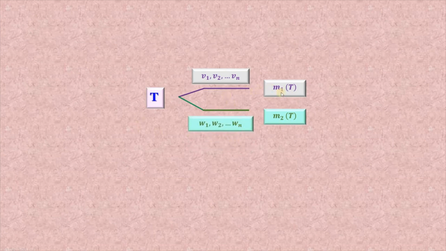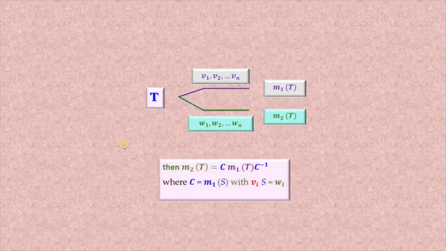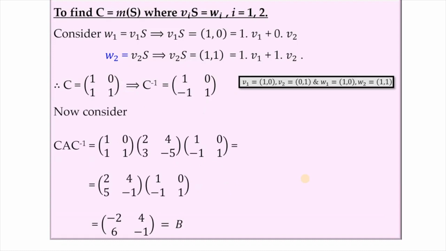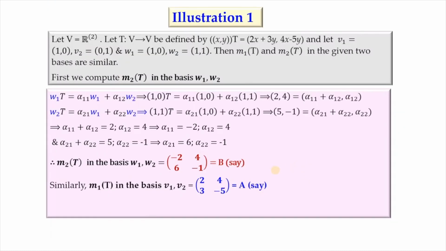The relation between these two is M2 of T is equal to C M1 of T C inverse, where C is the matrix of S, which takes the basis elements Vi's to basis elements Wi. So this is what we had in the previous theorem, that matrices of a linear transformation on two different bases are similar. Now we will have an illustration for this theorem.